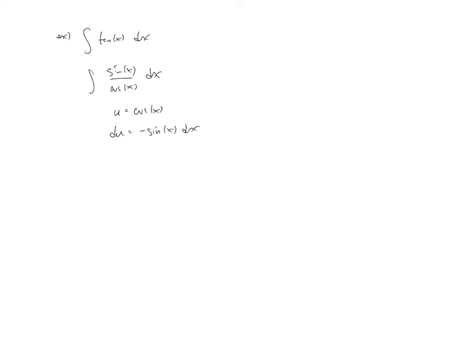Don't forget that dx on the end there. And therefore, negative 1 over u du would be my integral. And so now the 1 over u goes to the natural log of the absolute value of u, and then we'll throw back our cosine in there, and we're back into x's, and we have our final answer.